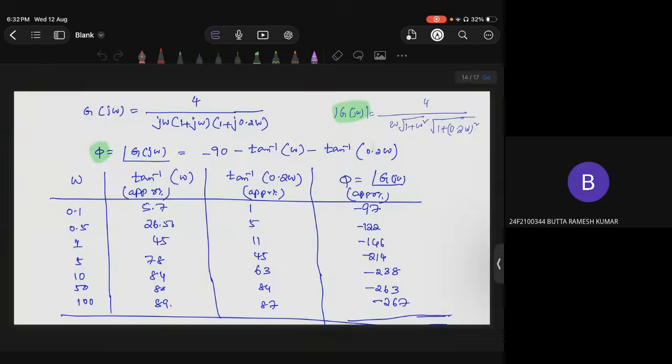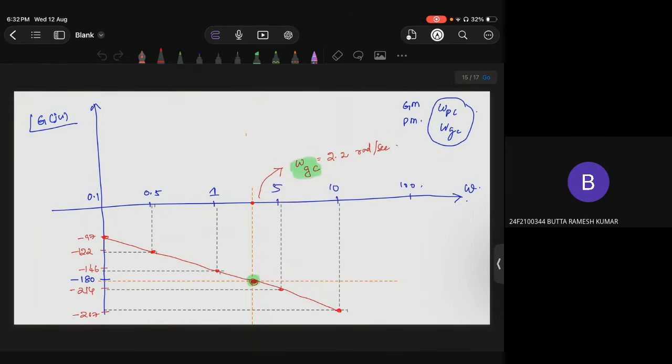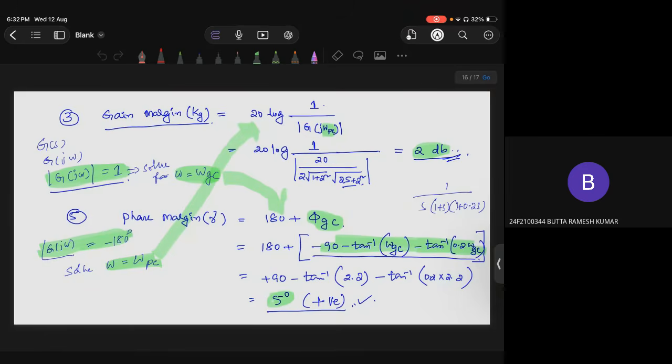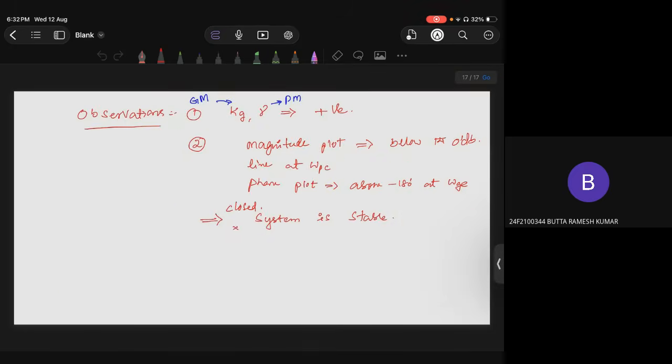You should check these values because this is very basic for the design of the controller using the Bode plot. Here in this case, since both are positive, the system is stable.